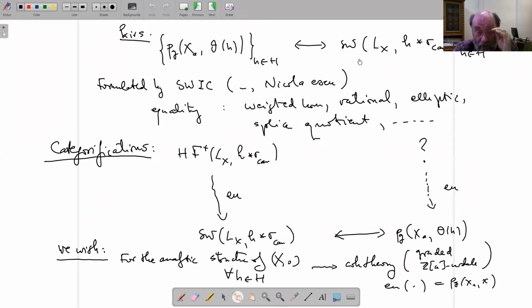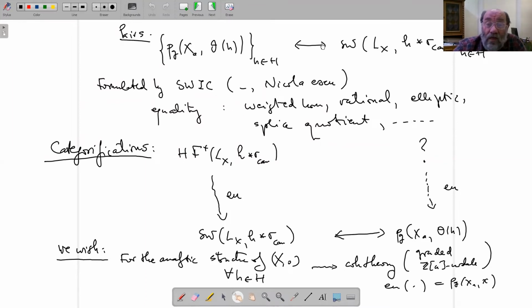And that's the point: it's not incidental. In many cases they agree, and with Nicolaescu we formulated the Seiberg-Witten invariant conjecture, and in some cases we proved it. With Nicolaescu we formulated it only for the canonical spin-C structure, and the equivariant version I extended later.